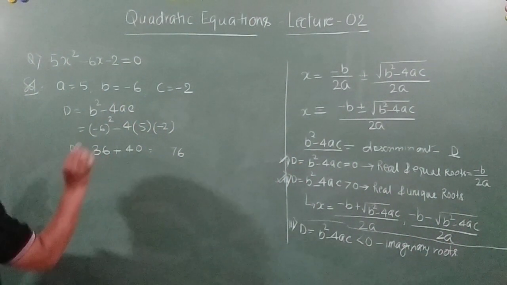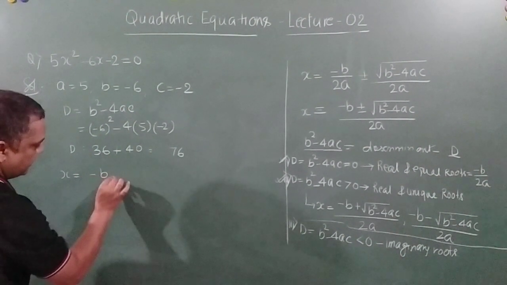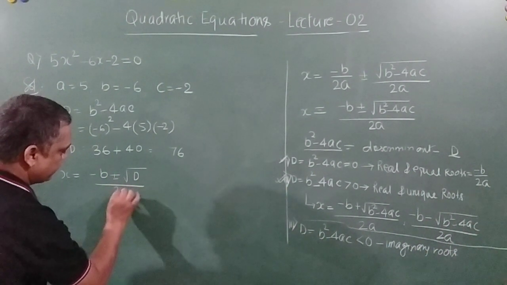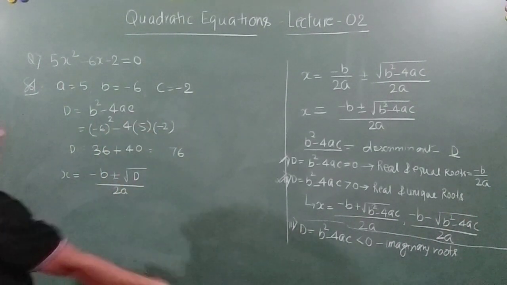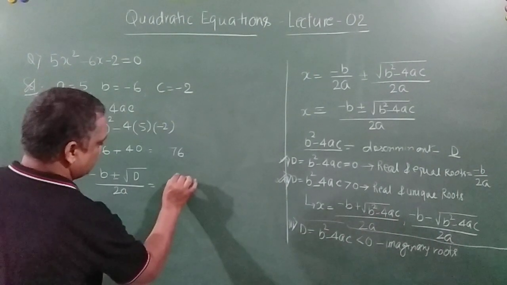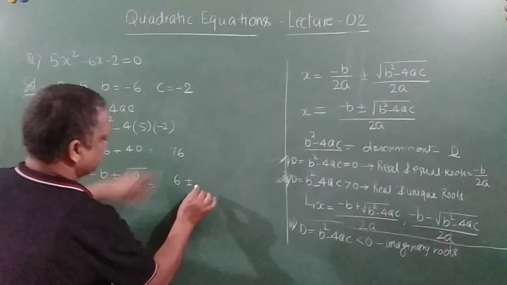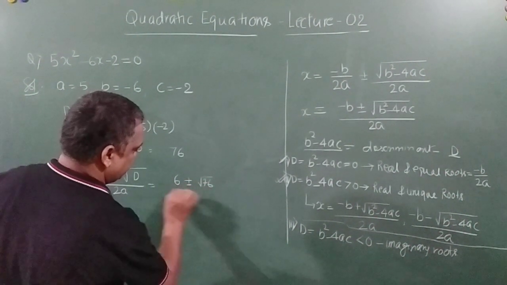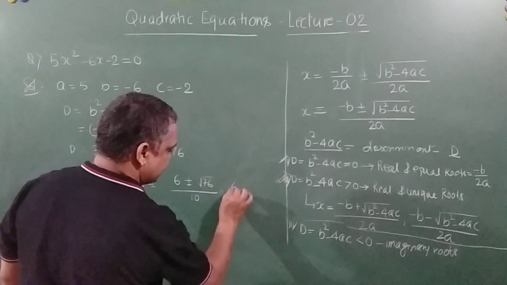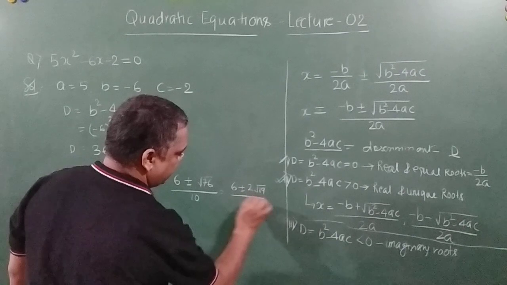So this is d. Now the value for x is nothing but minus b plus or minus root of d divided by 2a, right? Where d is equal to b square minus 4ac, you can see here. So this is equal to minus of b, that is minus of minus 6, which becomes 6, plus or minus root 76, divided by 2a, that is nothing but 10, right, which becomes 6 plus or minus 2 root 19 divided by 10.